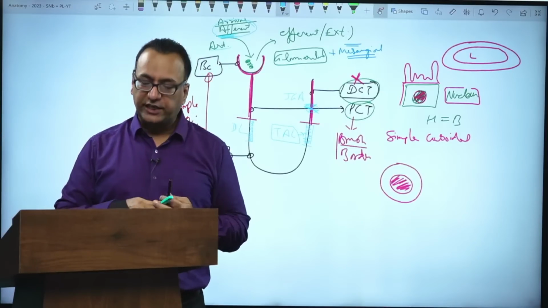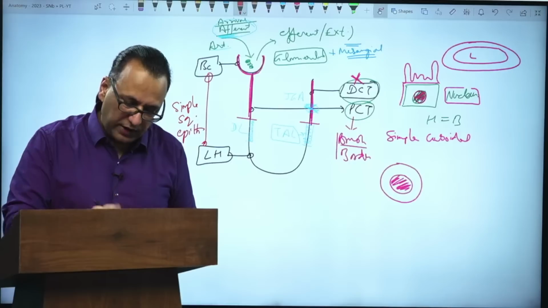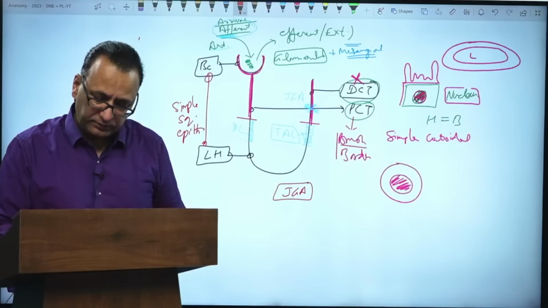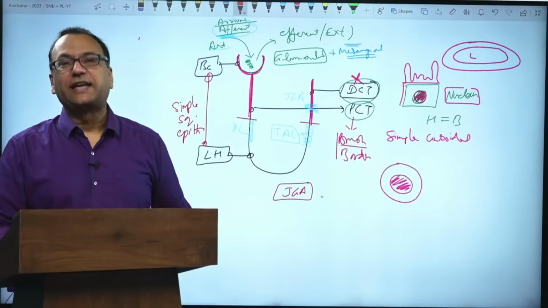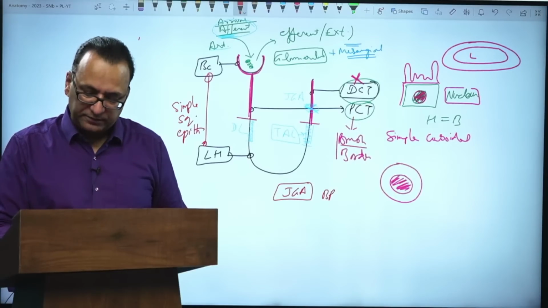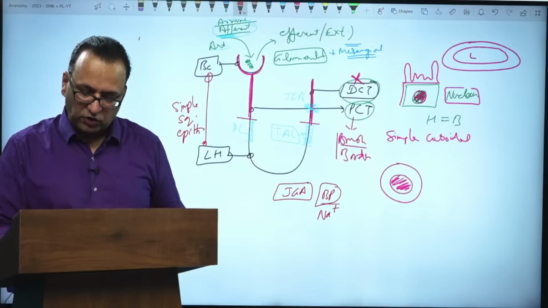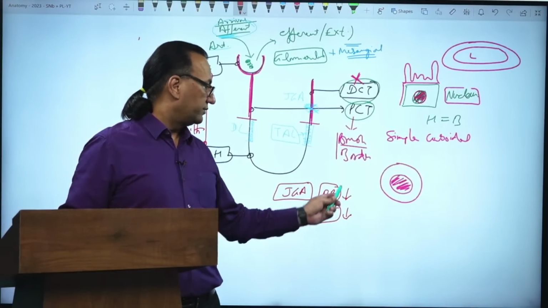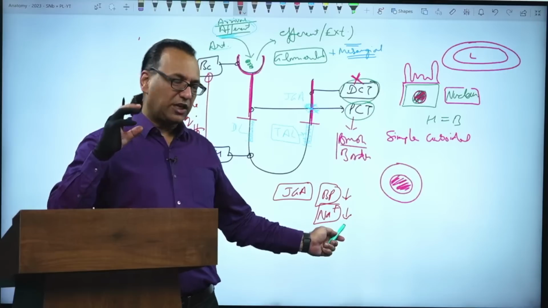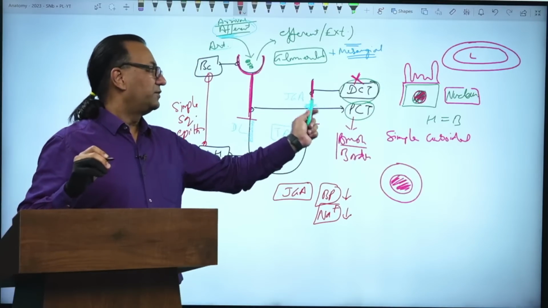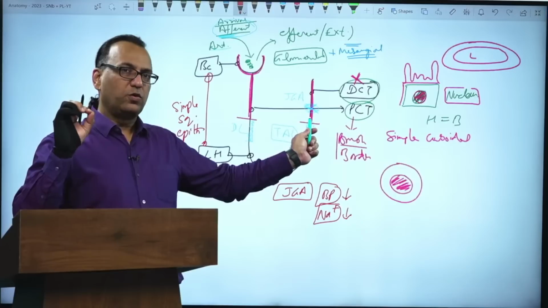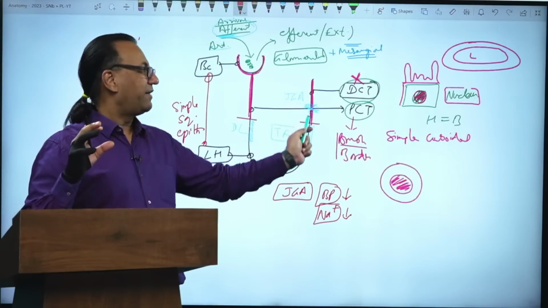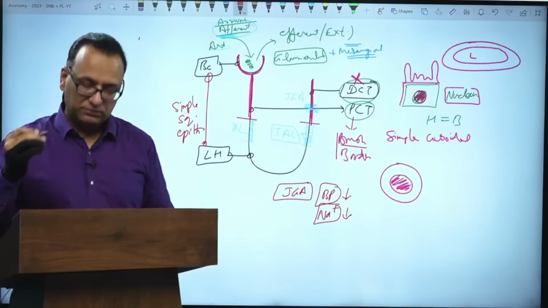What is the function of the JGA? See, the juxtaglomerular apparatus is detecting the blood pressure or the sodium concentration. If the BP goes down, if the sodium goes down, there is a detection mechanism in the distal convoluted tubule. The cells get modified and form what is called the macula densa.